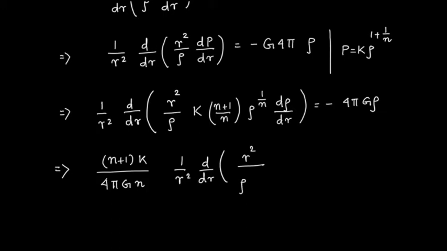The entire rho dependence I can write in the denominator. So this is rho to the power 1 minus 1 by n and d rho/dr. On the right hand side 4 pi G is gone, so I'm left with minus rho.